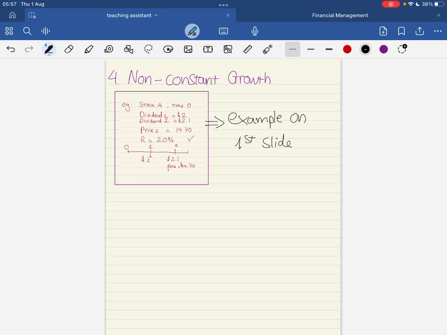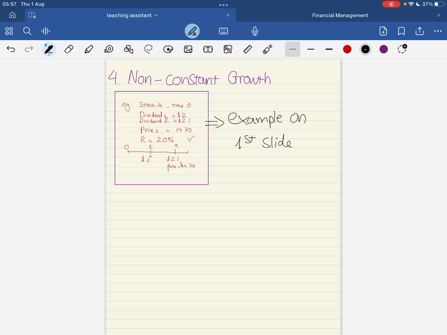So the last model to compute the price of a share I want to introduce to you guys is the case where there is a non-constant growth. And actually we have already experienced this in the first example and also the other example that I introduced to you guys in the nature of stock.